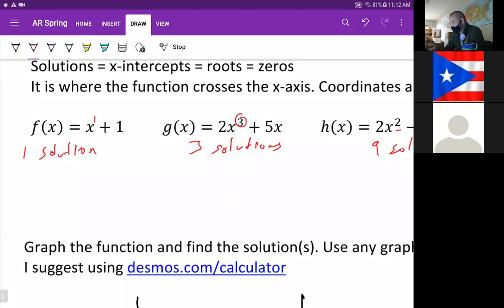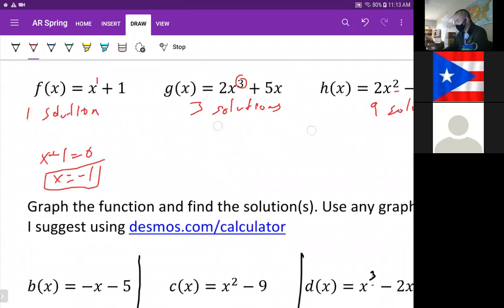Yeah, I know. And so what's happening here is you're looking to see when the y value is 0. So it's x plus 1 equals 0, so x equals -1. When we did factoring on the last assignment, that gets you to this part where you're actually finding the solutions.